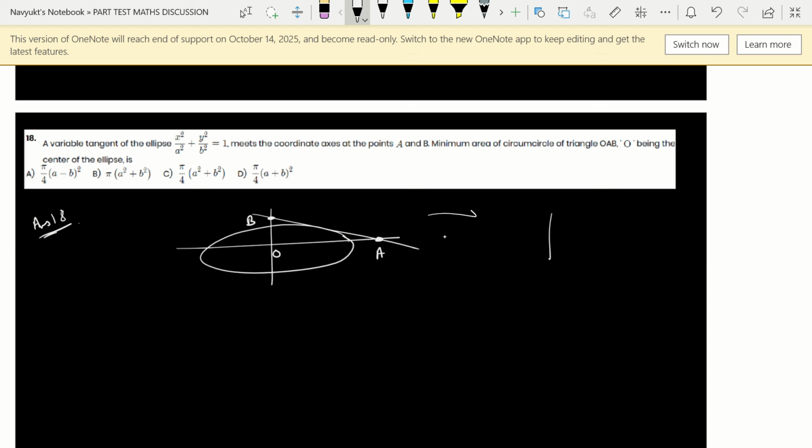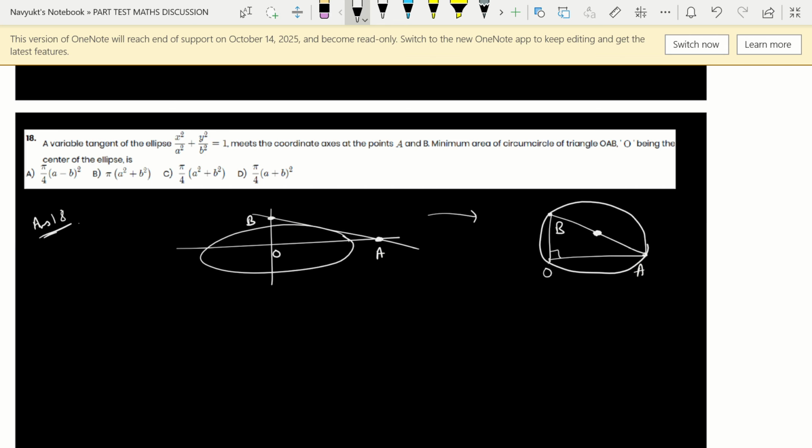O, A, B. A circle which circumscribes this. So in a circle, if you have a 90-degree angle being made, the opposite side automatically becomes the hypotenuse and the diameter. So somewhere here you will have the center of the circle, the midpoint of that hypotenuse. Here.